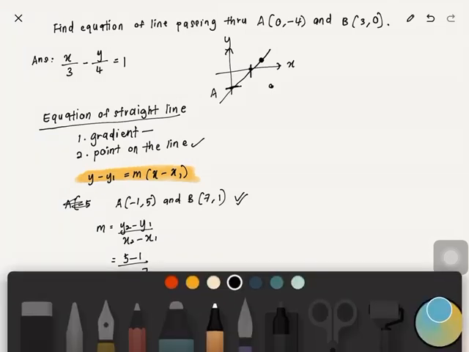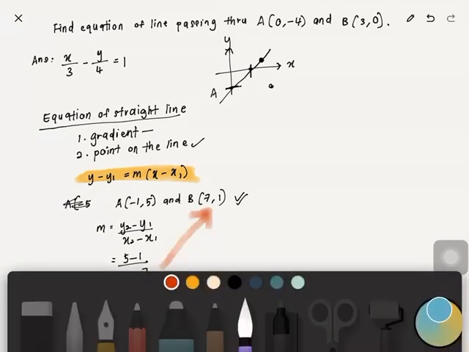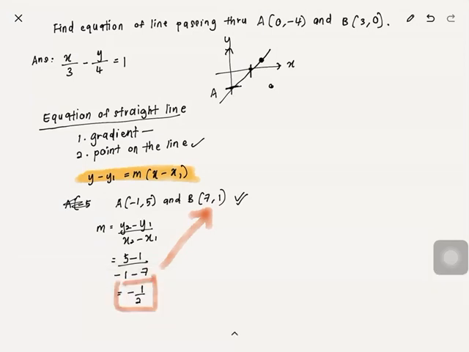So now that you have found your gradient, you can sub it into either one of the points here. Let's say I'm subbing it into point B, (7, 1). So y minus y1 equals m times (x minus x1).